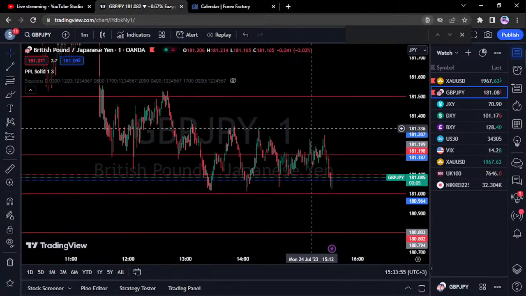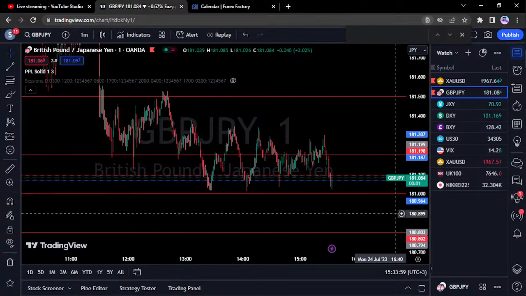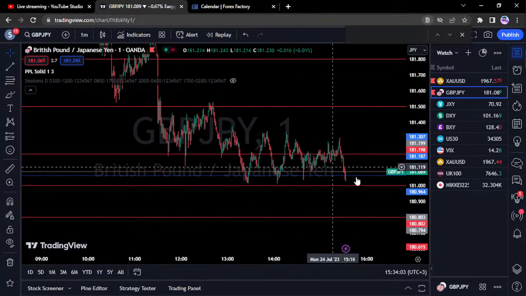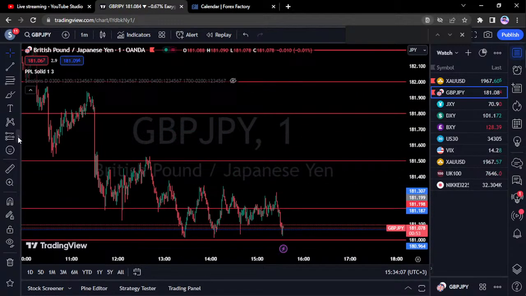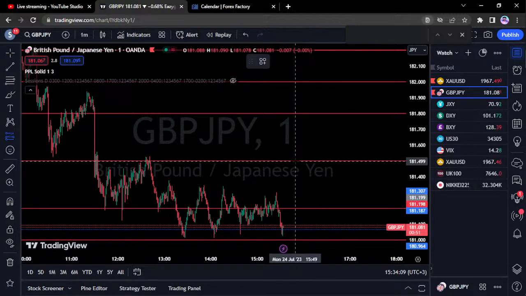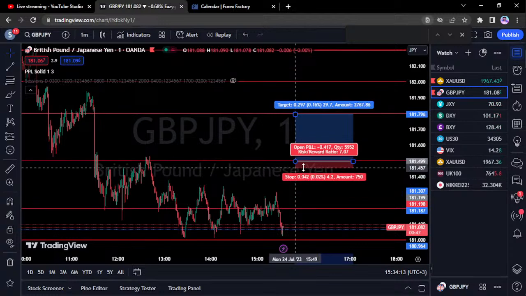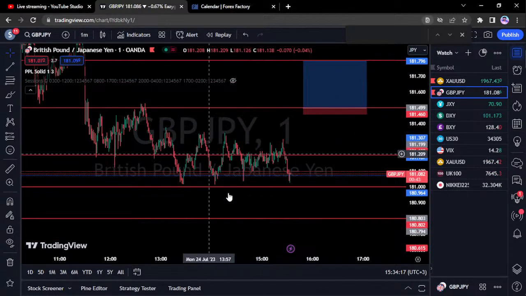And what is price telling us right now? As you can see, we're failing to break 181 flat, and if price closes above 181,500, you can see the squeeze before the news for around 30 pips. So this would be a nice scalp for the scalpers.